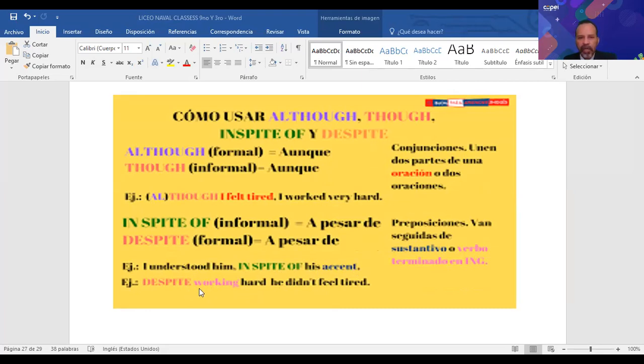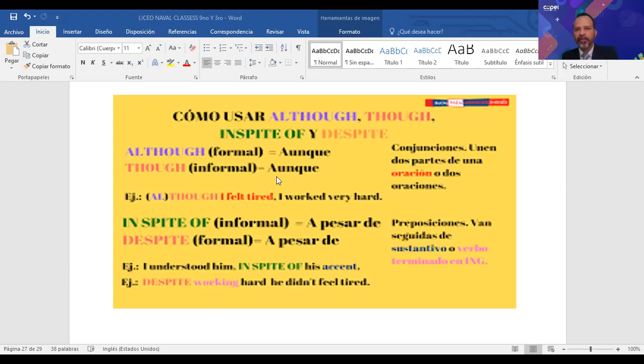But when you use despite, you have to use the ing form. Either way, after a preposition, we can use the gerund form. For example, I understood him in spite of having problems pronouncing all the words in Arabic. Despite working hard, he didn't feel tired. Okay, yeah, you can use them interchangeably, although, though, in spite of, or despite.